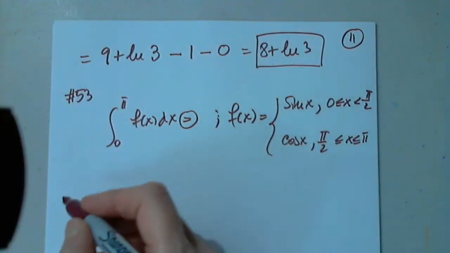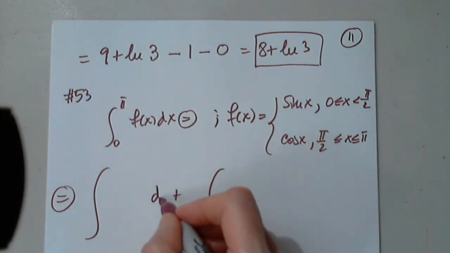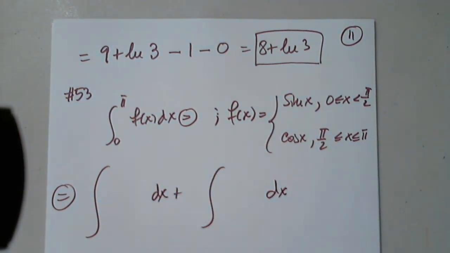Can anyone tell us, and here's my hint, this is one of the properties that we looked at, one of those 10 properties. Can anyone tell us how to write it?